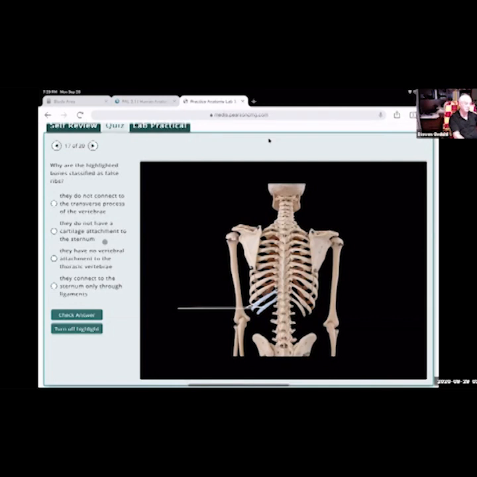The others say they have no vertebral attachment, which is true here, no, false. Then they connect to the sternum only through ligaments. That's not true either. So that'd be the best answer. Which ribs are they? Numbers 11 and 12. They do not have a cartilage attachment to the sternum. That's why they're floating ribs.